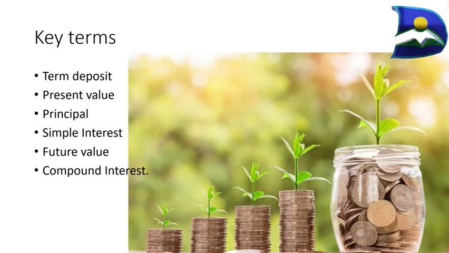So let's look at how these terminologies that we've talked about will be placed on a mind map and how they connect to each other. The term deposit, we know that to be the money that you put into a savings, and it is noted either as the present value or as the principal.